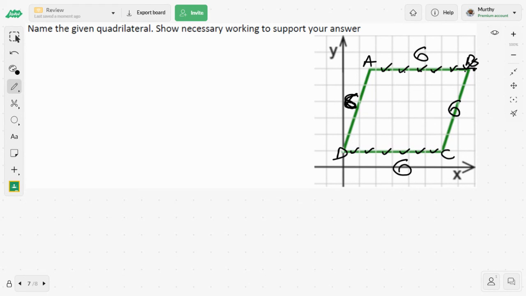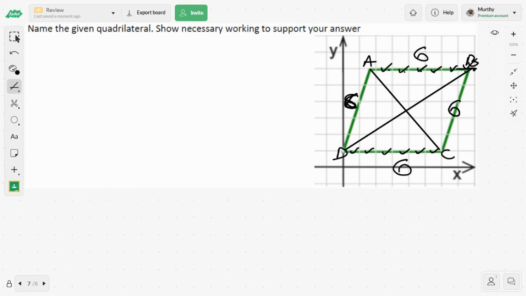If diagrams are not given, what to do? In the previous session, I explained that you have to go an extra mile and compute the length of the diagonals. Suppose all four sides are equal; it could be a square or a rhombus.